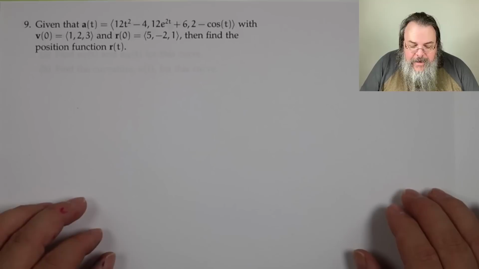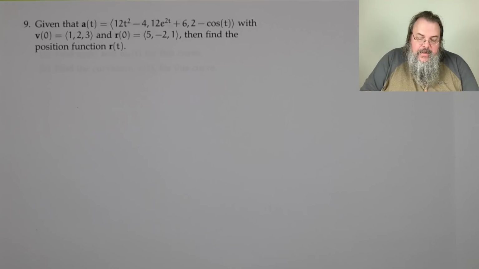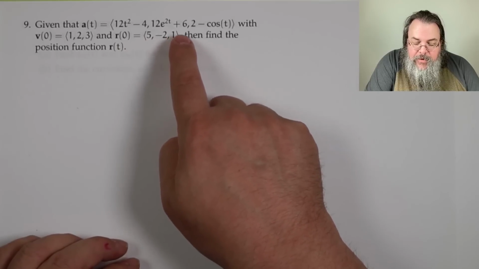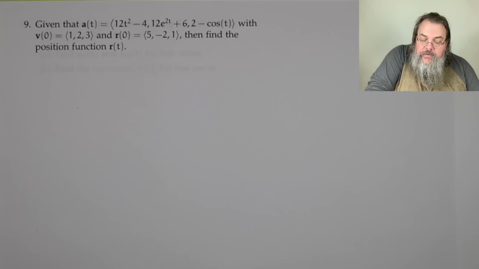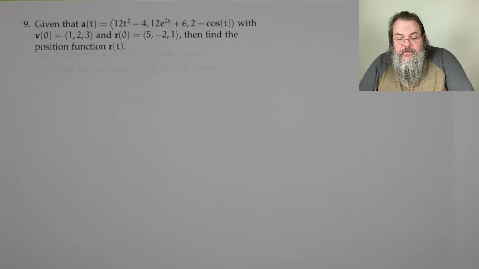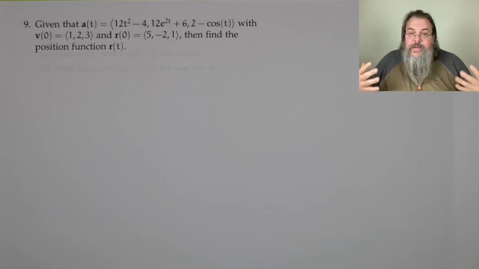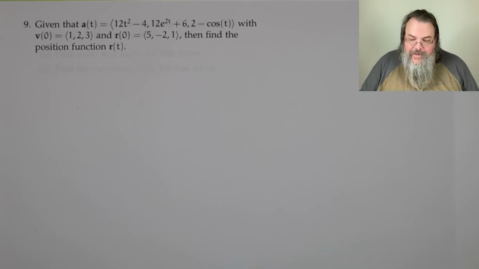Number 9. Given that a of t is 12t squared minus 4, 12e to the 2t plus 6, and 2 minus cosine t, with v of 0 as 1, 2, 3, and r of 0 as 5, negative 2, 1, then find the position function r of t. So this is just saying, do you understand how all the pieces of motion fit together?